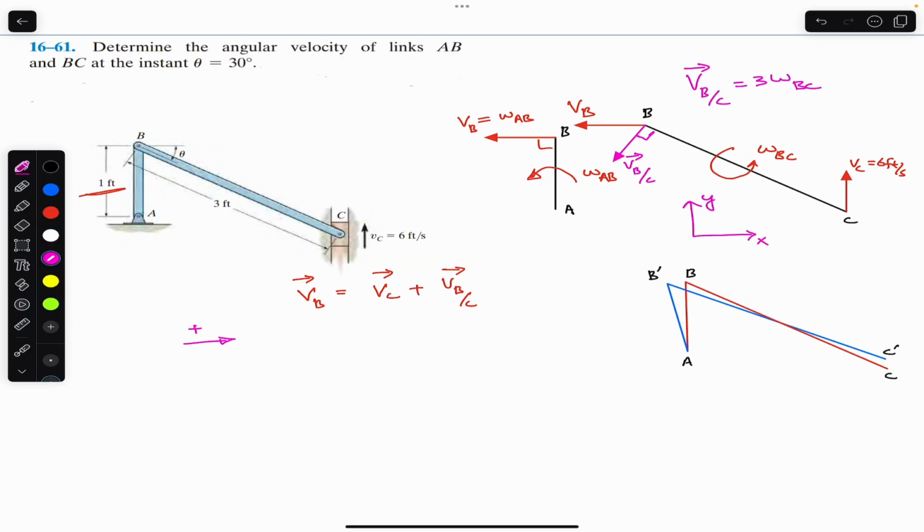So we will write that this will be VBx, the component of the velocity of B in x, equals VCx plus velocity of B relative to C in x. Now, as we can see, this VB is only acting in the horizontal direction, that is in the negative x. This is our positive x, VB is acting in the negative x, and its magnitude is r omega AB.